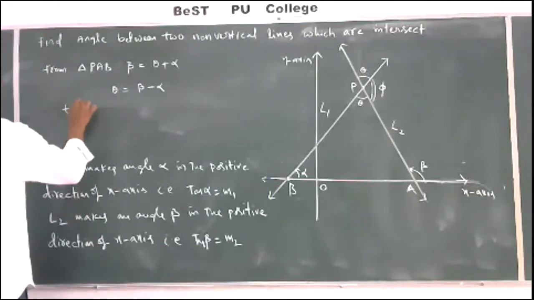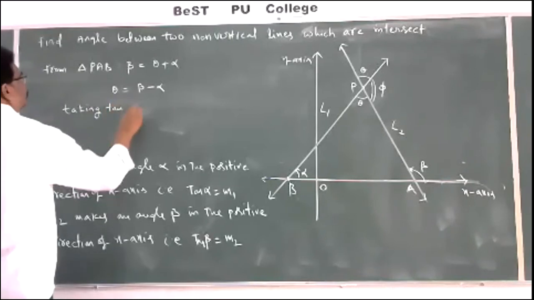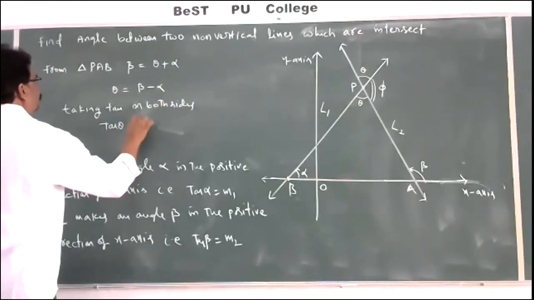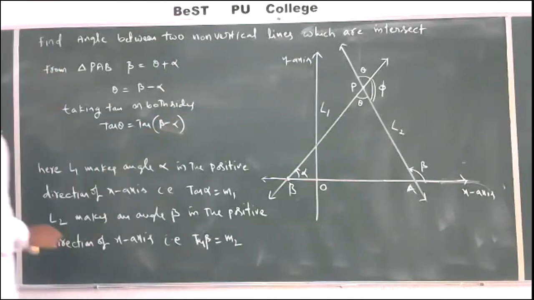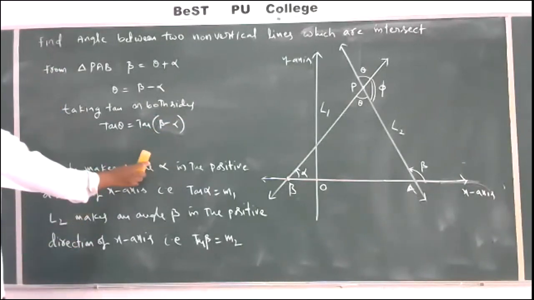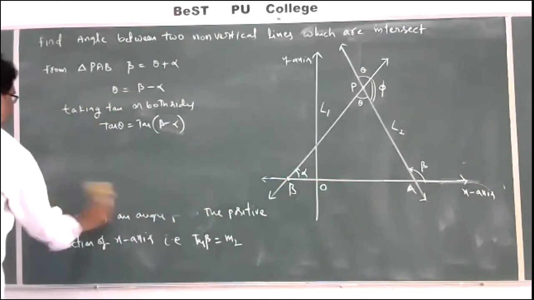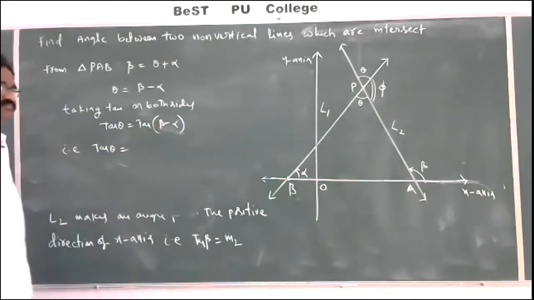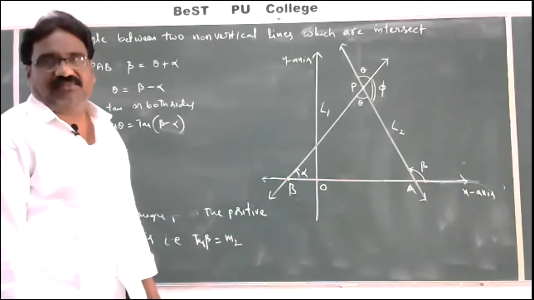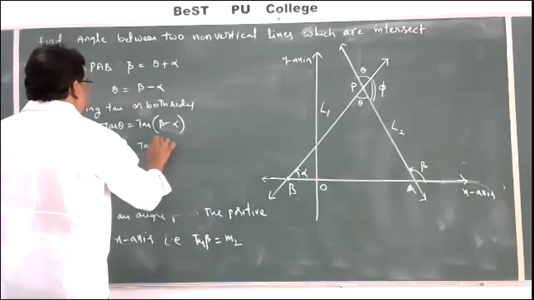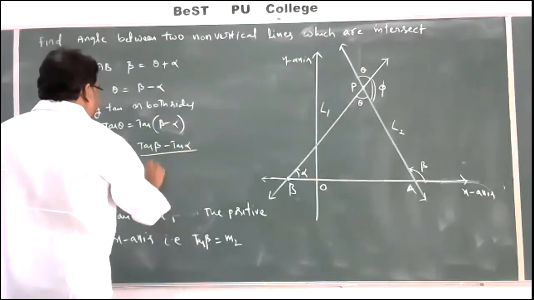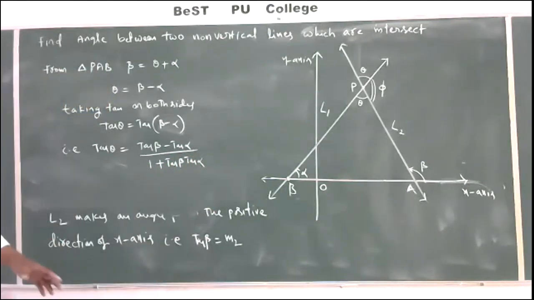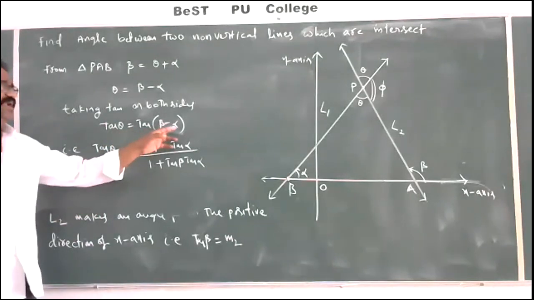Taking tan on both sides, tan theta is equal to tan of beta minus alpha.